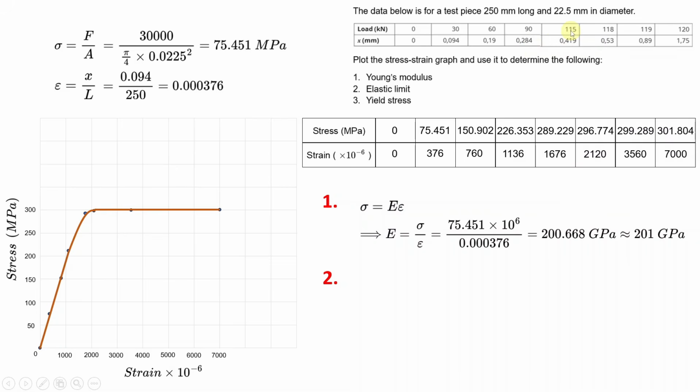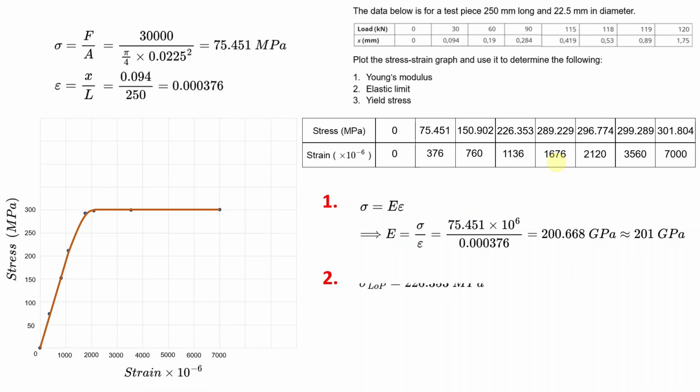And so you can see already that this point here, which corresponds to 289.229 megapascals, okay, this point, that is where the yield stress is, okay? As soon as proportionality is no longer there, that is where you will find the yield stress, because you can see that the elongation is beginning to increase rapidly from that point.